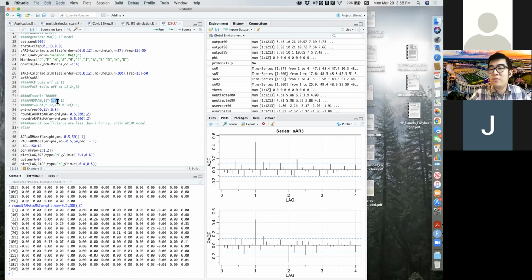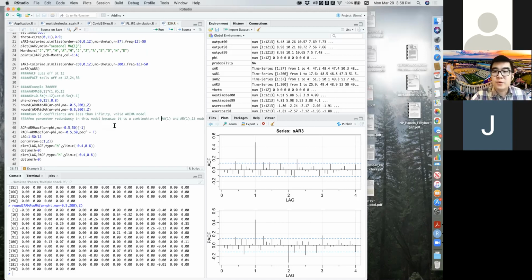So there is no parameter redundancy in this model because it is a combination of these. That's the check of whether it is a valid ARIMA model and a check of parameter redundancy.